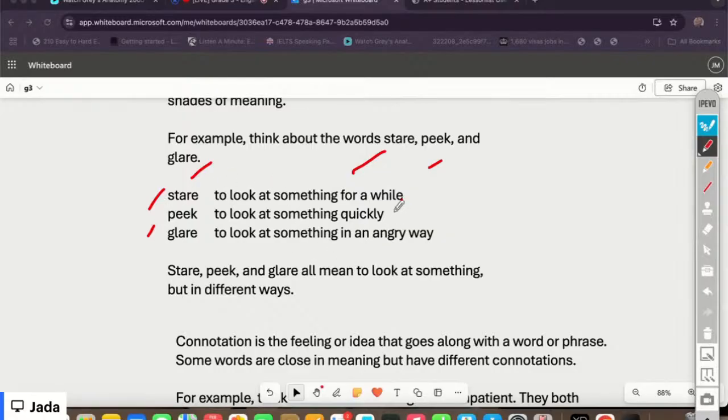Peek is to look at something quickly, and glare is to look at something in an angry way. They mean the same thing, but they have a very slight difference to the looks that you have.